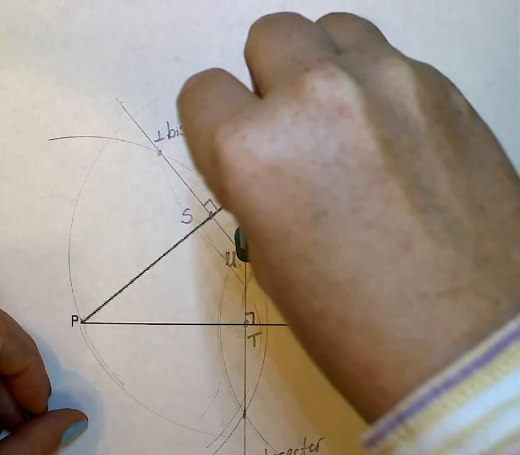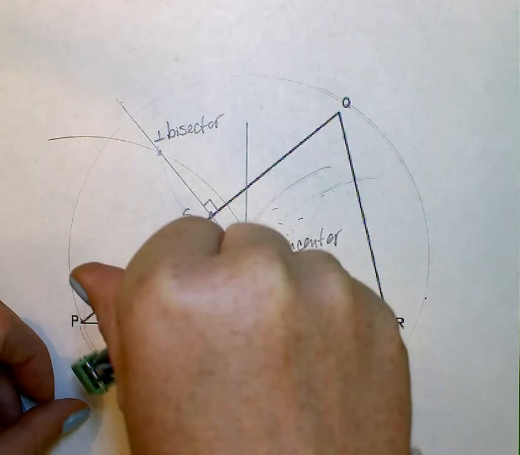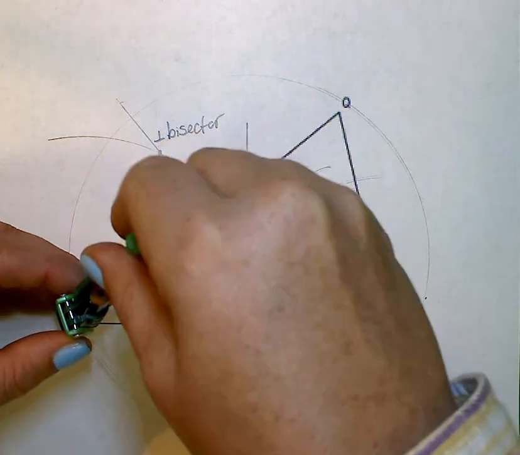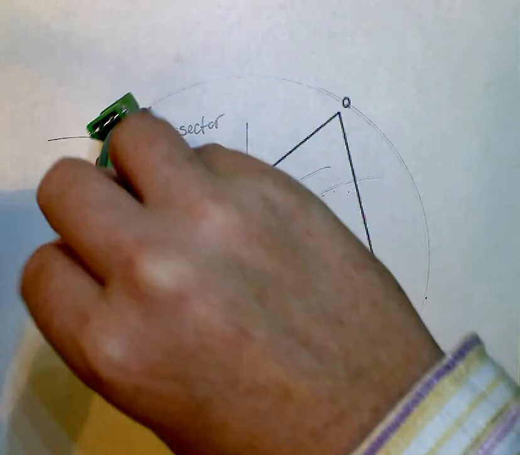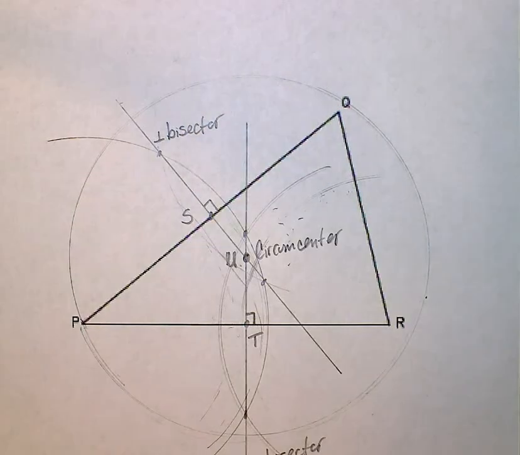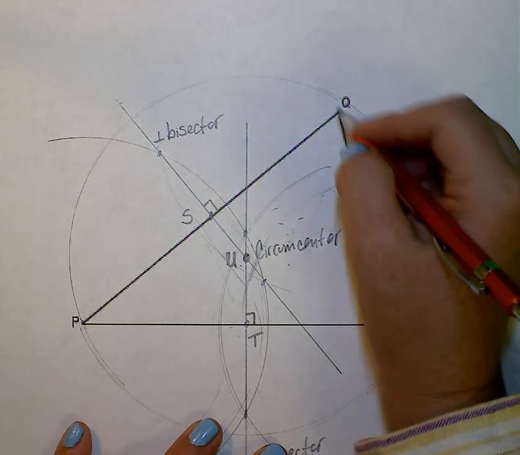If you've done this correctly, my compass is sliding. So if you've done this correctly, you should end up with a circle hitting all 3 points. Your circle should go through all 3 points.